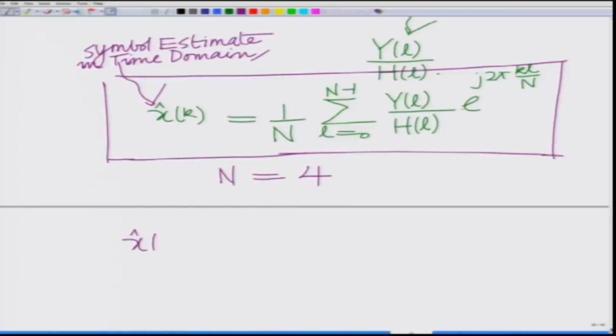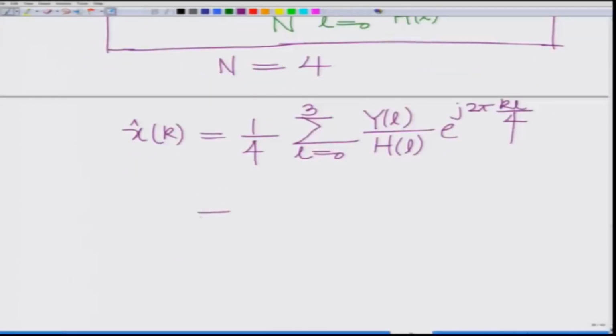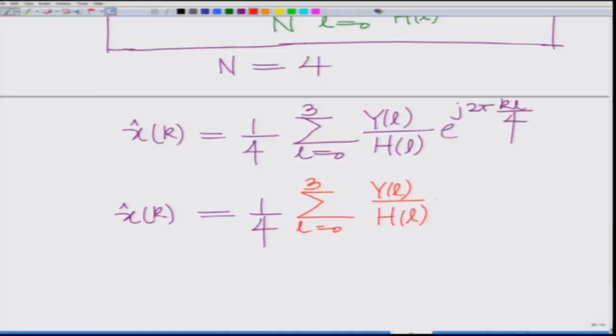If you substitute n equal to 4, what you will have is x hat of k equals 1 over 4, that is, for this particular example, summation L equal to 0 to 3 Y of L divided by H of L e to the power of j 2 pi k L divided by 4, which I can directly write as e to the power of j pi over 2 k L.